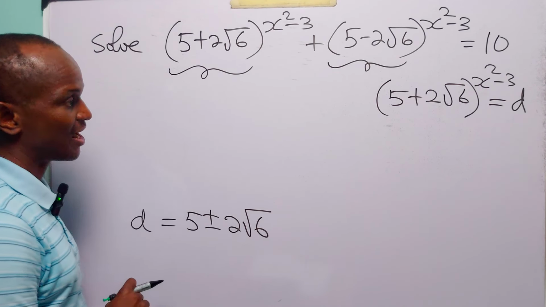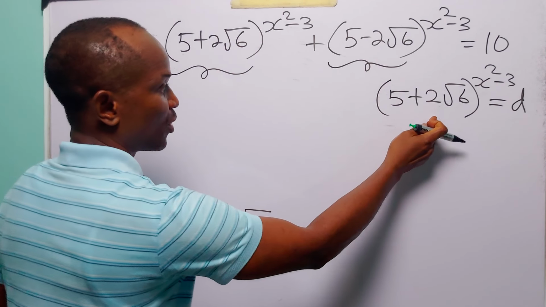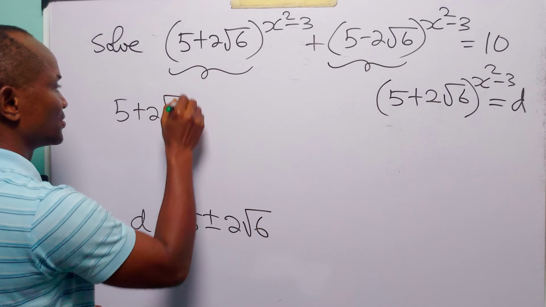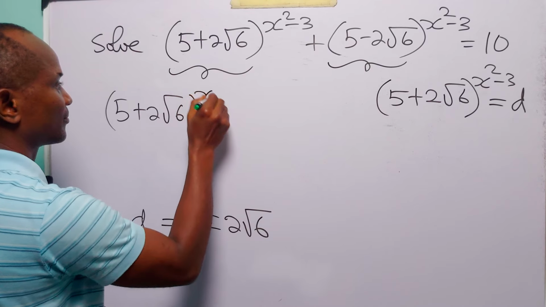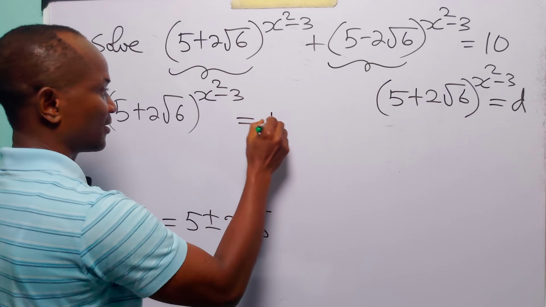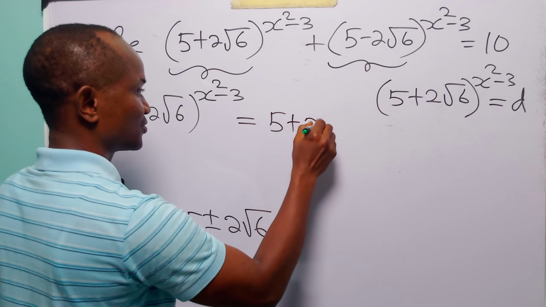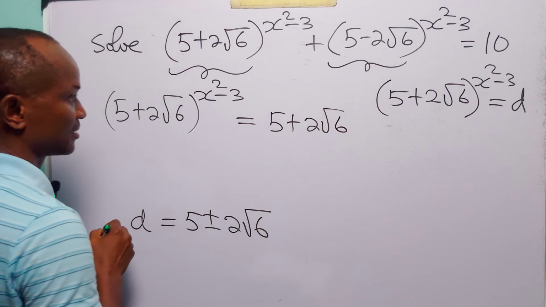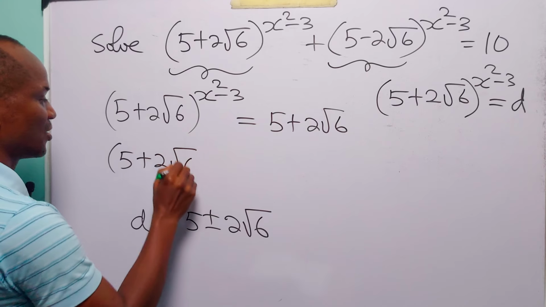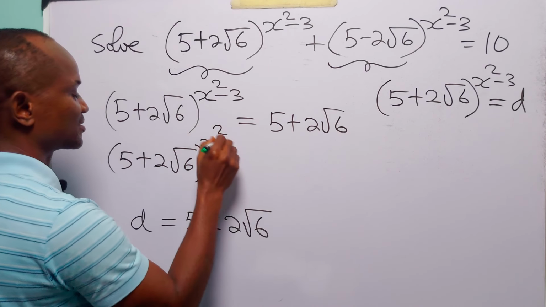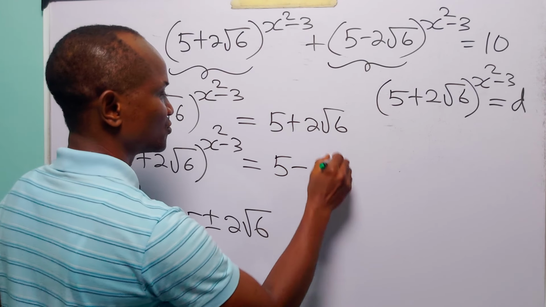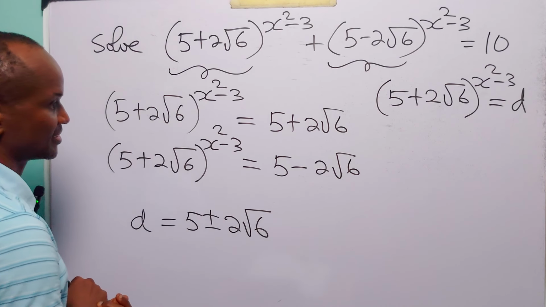So ultimately, we have that d, which is equal to (5 plus 2 root 6) to the power x squared minus 3, is equal to 5 plus 2 root 6, or (5 plus 2 root 6) to the power x squared minus 3 is equal to 5 minus 2 root 6.